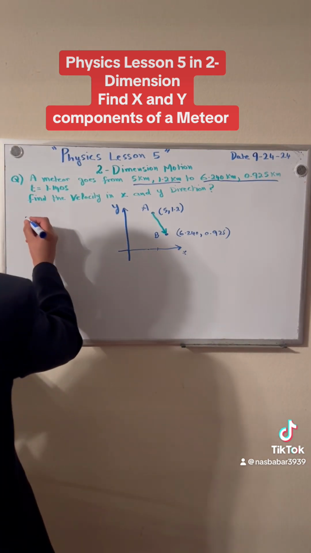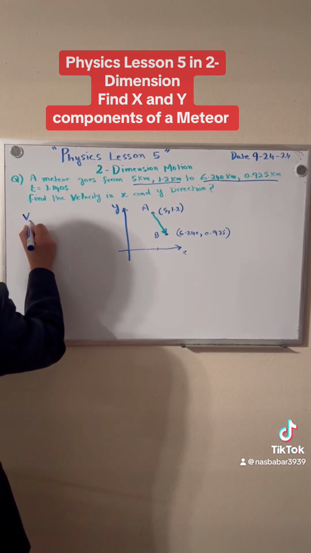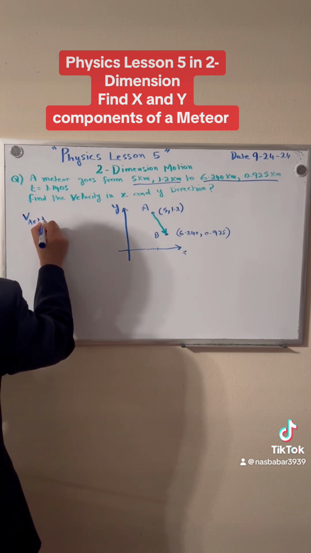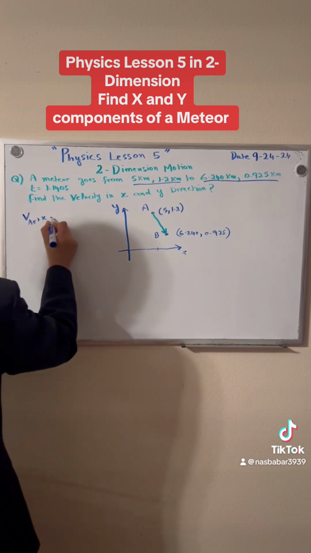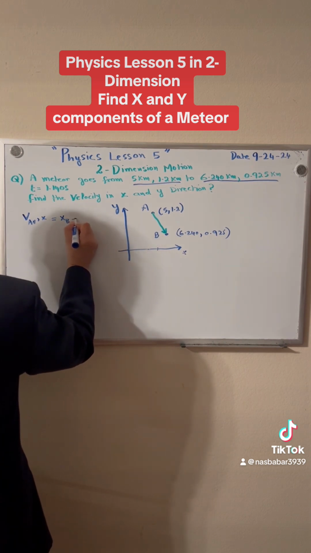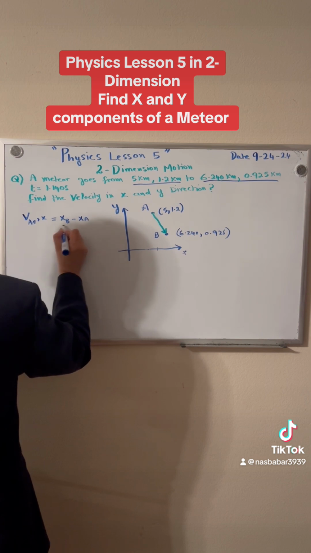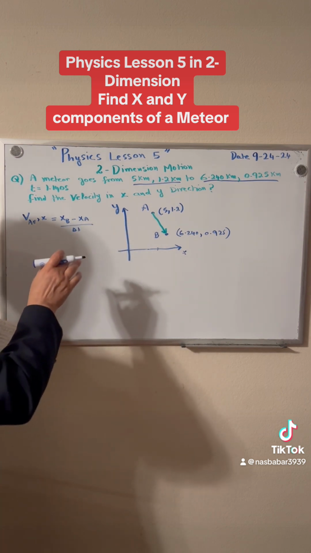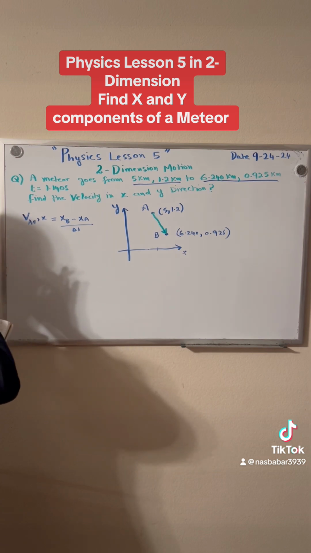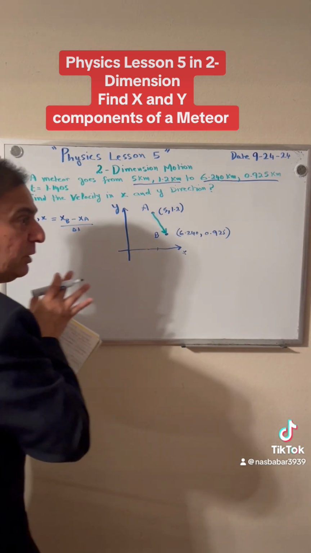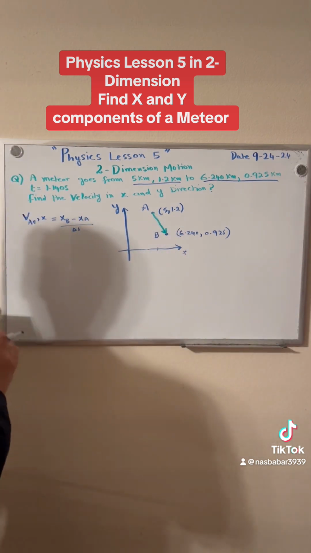We say v average in x is equal to xb minus xa over delta t. Now what I'm finding is the velocity in x, which is pushing the meteor in the x direction.